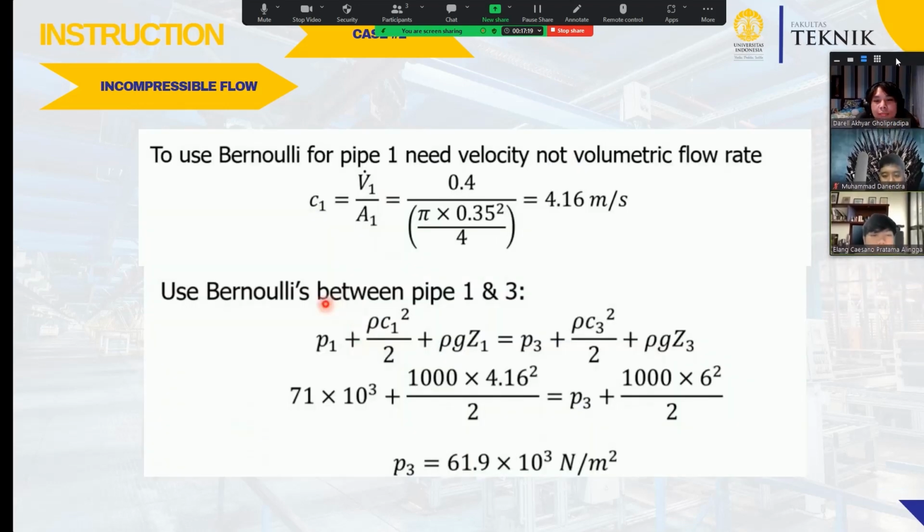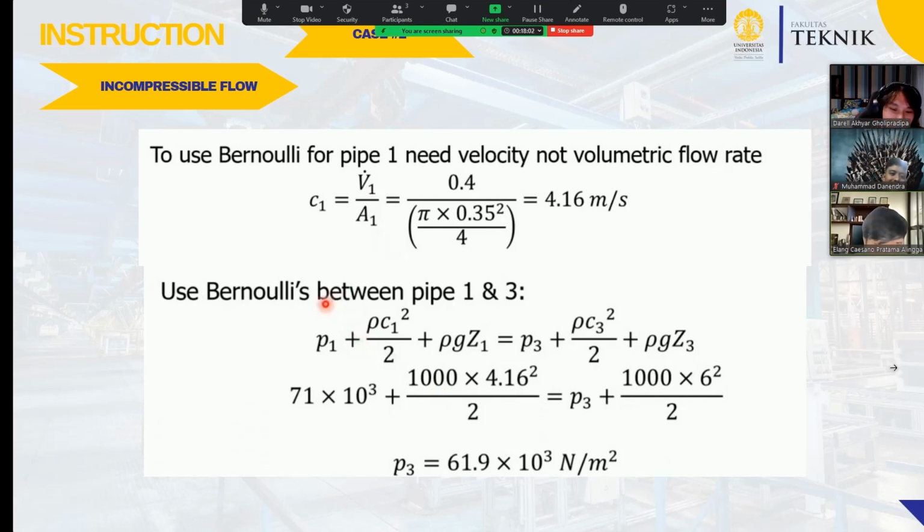Next one, please. The first step is to use Bernoulli for pipe 1 to decide the velocity, not the volumetric flow rate. So we use flow rate divided by surface area, which is 0.4 divided by pi times 0.35 squared divided by 4, and equals 4.16 meters per second. For Bernoulli, we will use pipes 1 and 3: p1 plus rho v1 squared over 2 plus rho g h equals p3 plus rho v3 squared over 2 plus rho g h3.